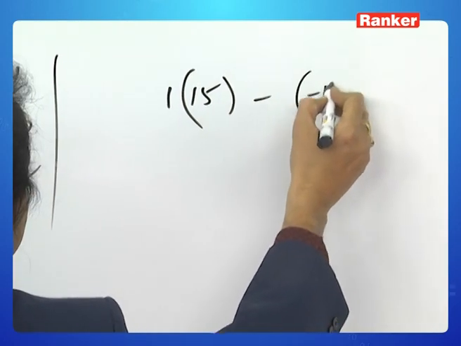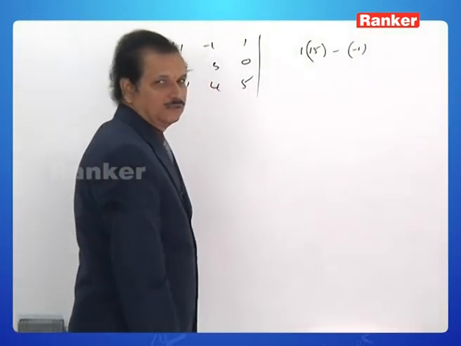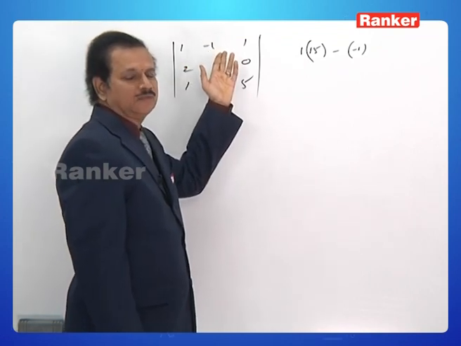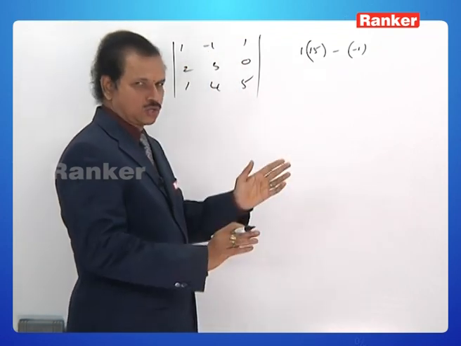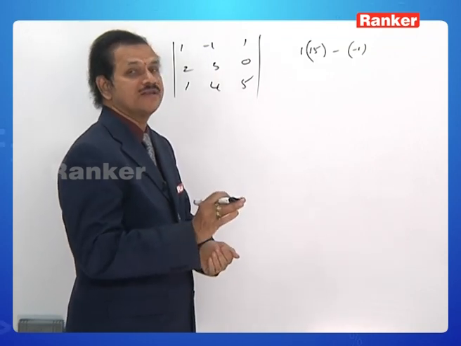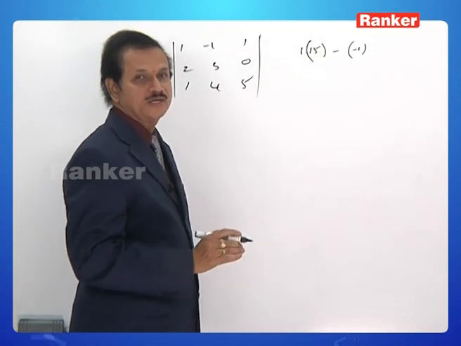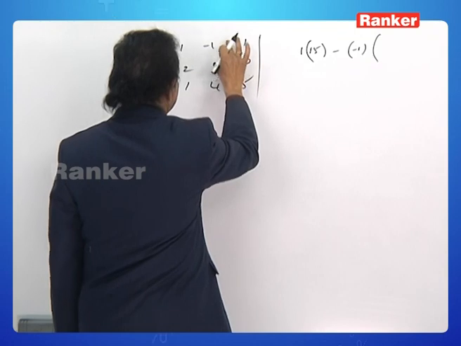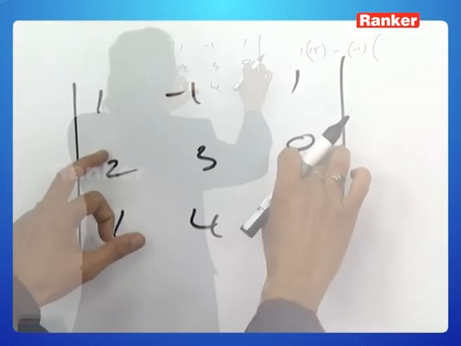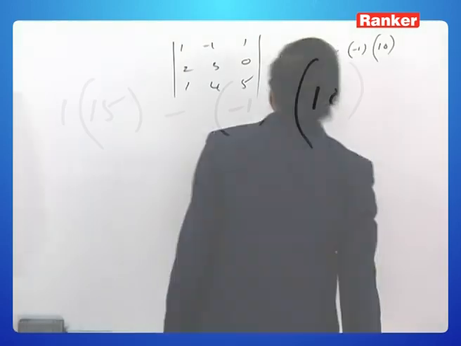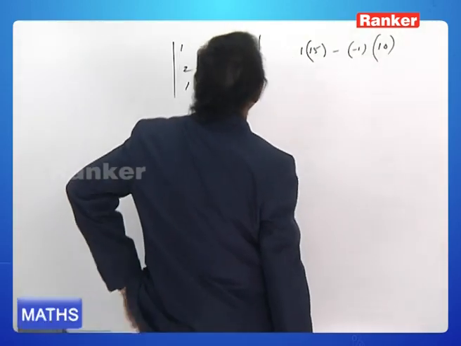Minus. Why should you put minus here? We have moved to the second place. First row, second column. According to the cofactors rule, minus 1 whole power 1 plus 2. 1 plus 2 is 3. Minus 1 whole cube is minus. That is why I have put minus. Into its cofactor. Delete the first row and second column. 2, 0, 1, 5. 10 minus 0 is 10.